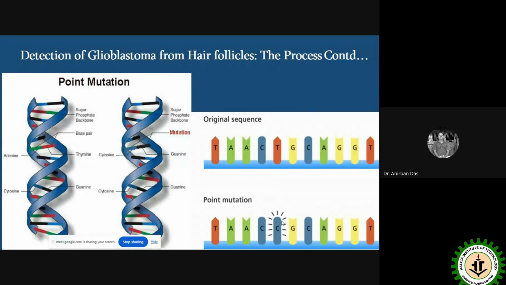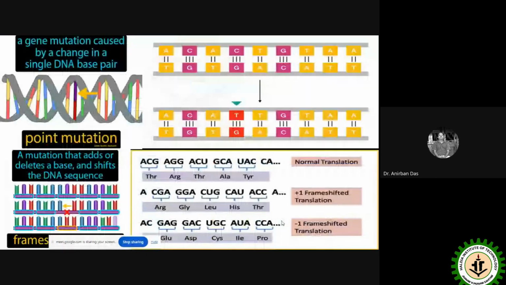Then there is another type, which is called frame shift mutation. What does it mean? If one nitrogen base is added or removed, the frame made of three characters together will change. Either you remove one nitrogen base or add one nitrogen base, in whatever way.